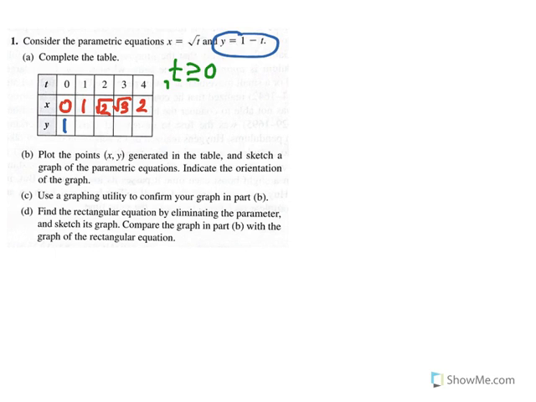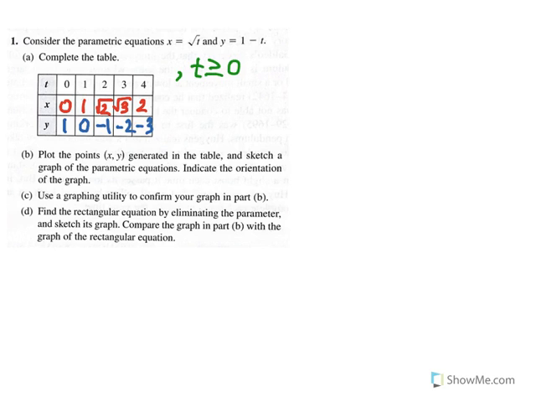When t is 1, 1 minus 1 is 0. When t is 2, 1 minus 2 is negative 1. When t is 3, 1 minus 3 is negative 2. And when t is 4, 1 minus 4 is negative 3. So we know t has to be greater than or equal to 0, as discussed earlier. And we have some ordered pairs corresponding to these 5 values of t from our table.